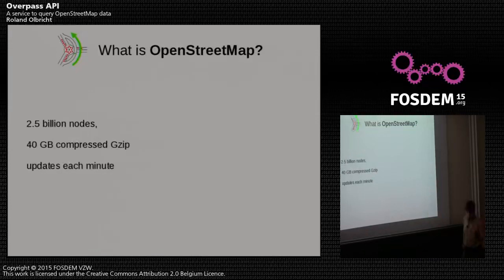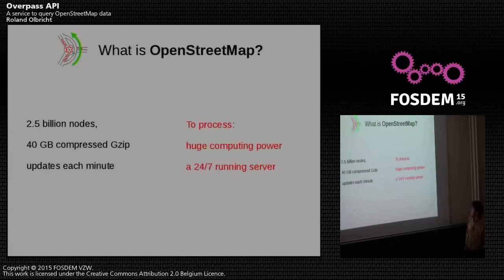We have 2.5 billion nodes, which amount in total to 40 gigabytes of compressed gzip XML data, and updates are coming in each minute. Although it's great to have such a huge data set, it's difficult to process.